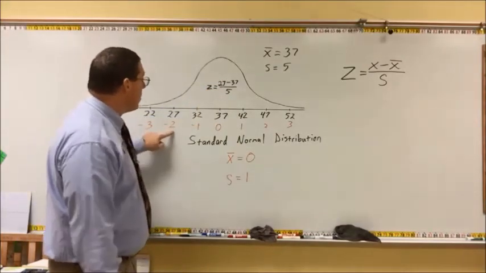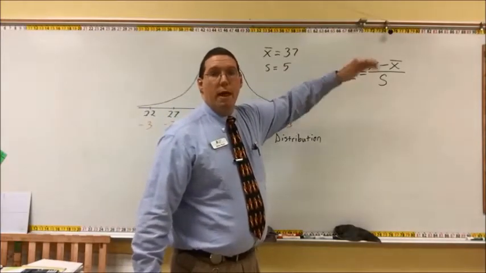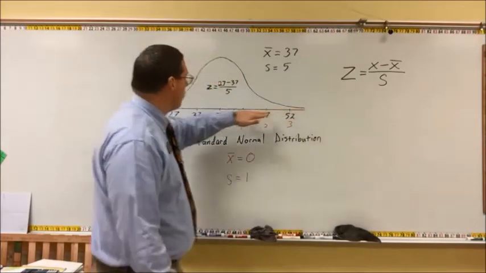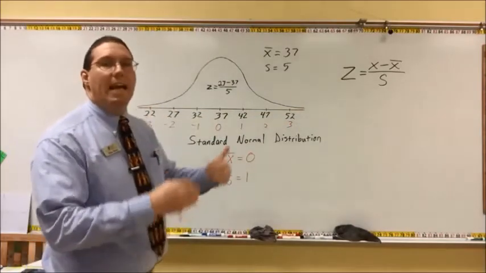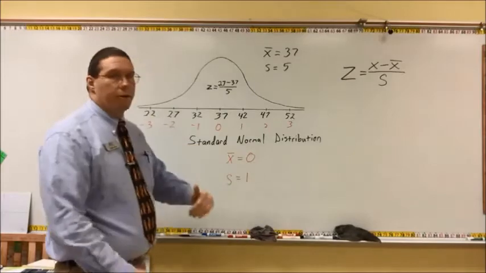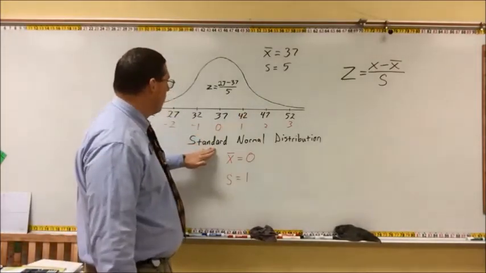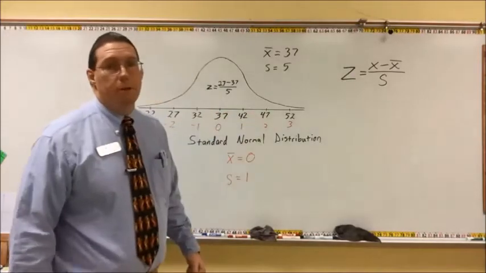And so you can see that this Z calculation will help you convert any normal distribution into a common, or standard, distribution. So the Z is the standard for all normal distributions.